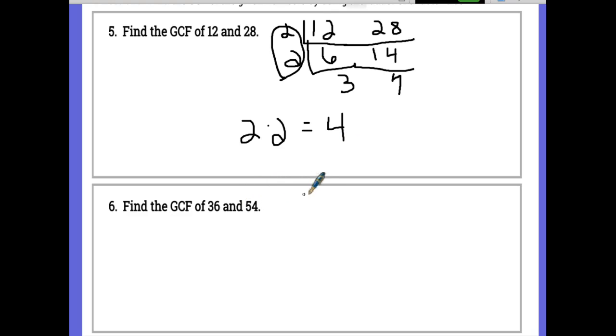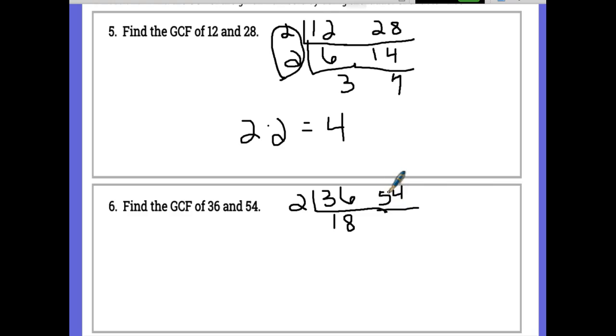Taking a look at 6, I'm looking for the greatest common factor of 36 and 54. So I'm going to set up my structure for this. And smallest prime number is a 2. 2 times 18 is 36.